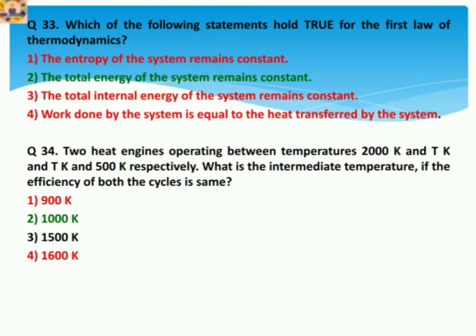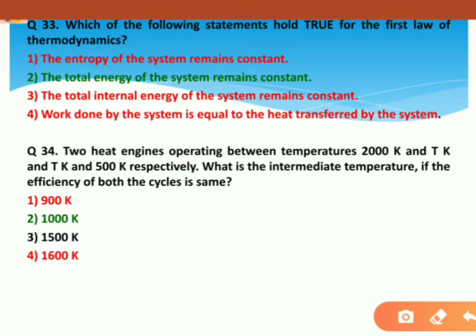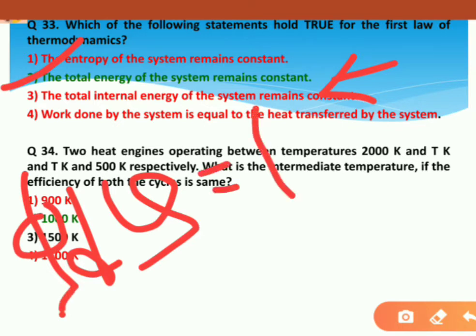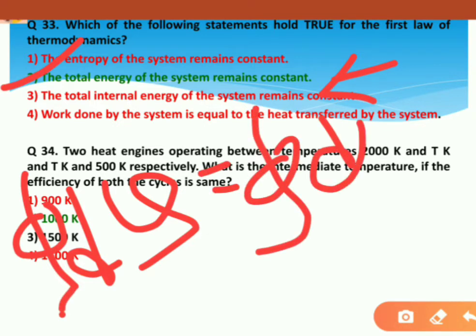Which of the following statements holds true for the first law of thermodynamics? The first law says nothing but the conservation of energy, so the total energy of the system will remain constant. Let's see the equation for the first law. According to the equation, the integration of dq is equal to the integration of dw.